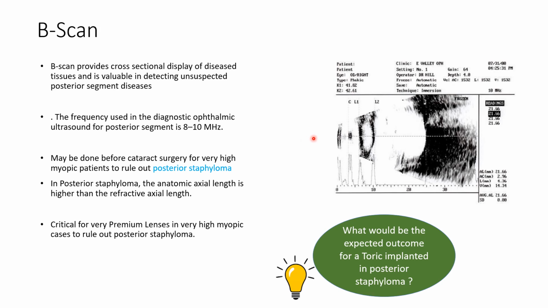This B scan is an option for patients with possible posterior staphyloma. In posterior staphyloma, as I said before, the anatomic axial length is higher than the refractive axial length, which could lead to a hyperopic surprise. Again, B scan could be done for premium lenses where the stakes are very high and the patient has paid out of pocket.